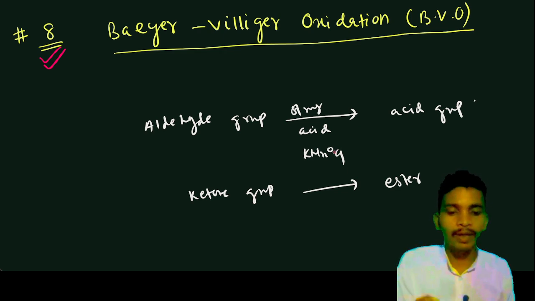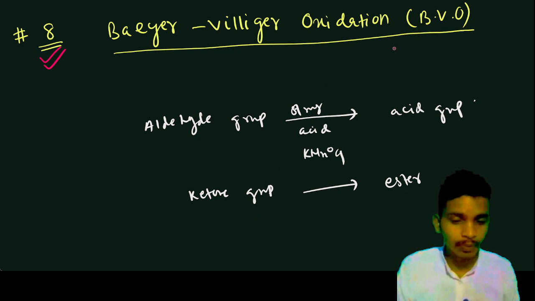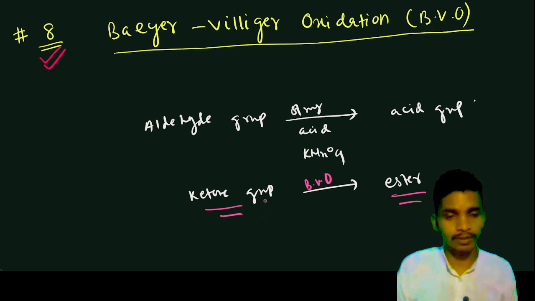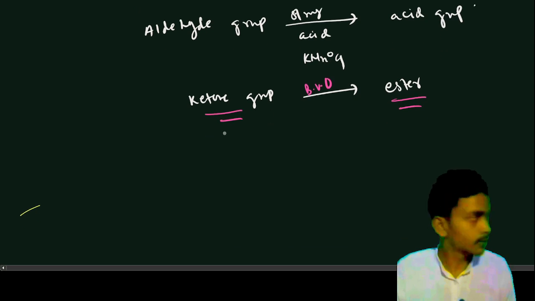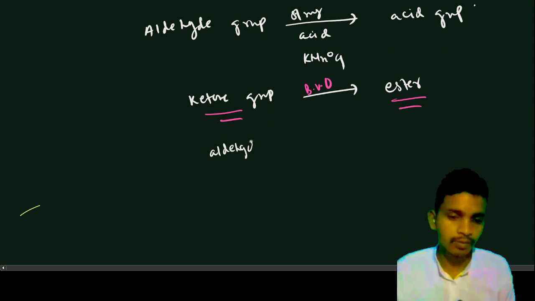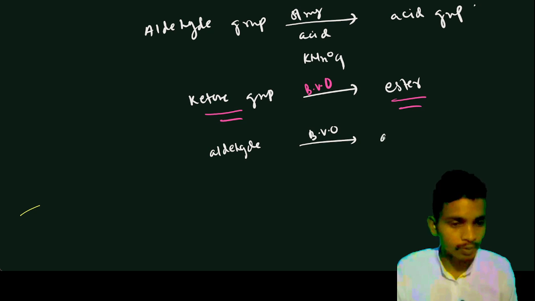So for that, the Baeyer-Villiger oxidation has come. What the Baeyer-Villiger oxidation does is directly convert a ketone group into an ester group. Likewise, if you have an aldehyde group and you use the Baeyer-Villiger oxidation, it also converts into the acid.